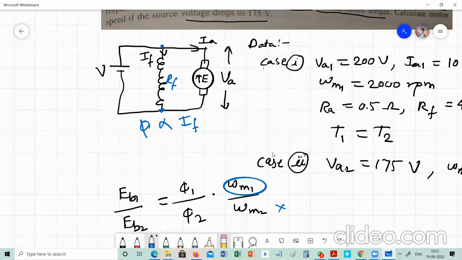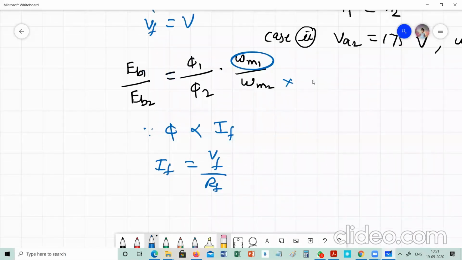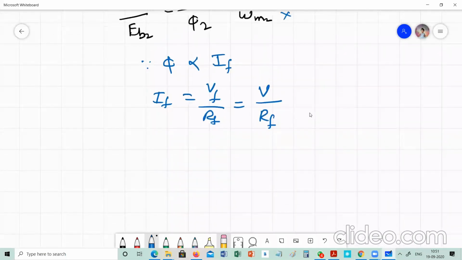And in a shunt motor, the winding is connected in parallel with the armature, so VF is equal to source voltage V. So we can write IF is equal to V by RF. If RF is constant, then IF is proportional to V.